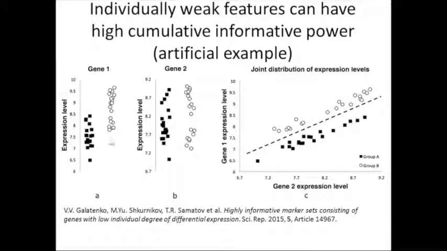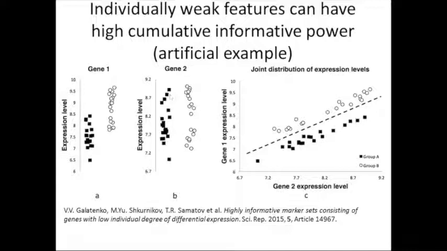We have two genes. The first gene has a relatively high level of differential expression, yet the known expression level of this gene does not allow us to perform a perfect classification. Medium expression levels are observed in the black class as well as in the white class.